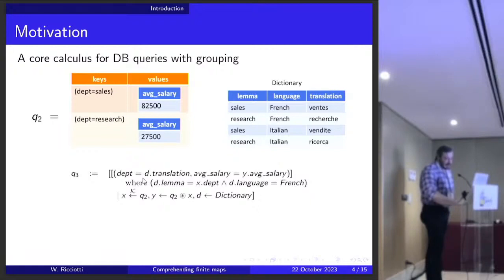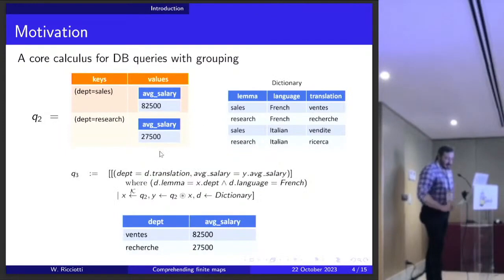And then you will produce a table in which the department is taken from the translation table and the average salary is taken from the grouped table. And the result will be exactly what you expect, that is the French translation, also converted finally to a standard relation rather than a finite map.